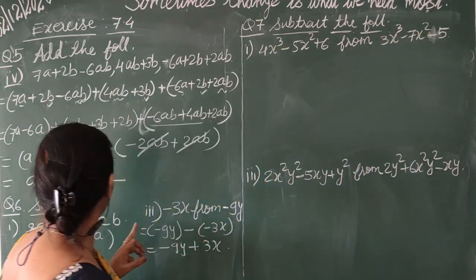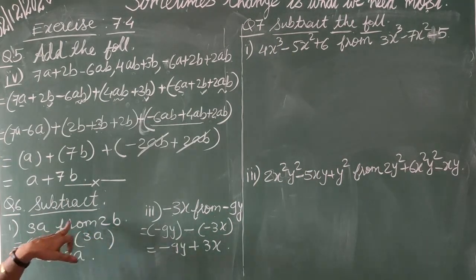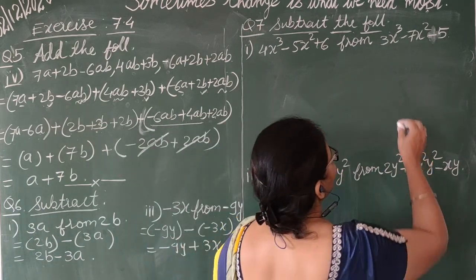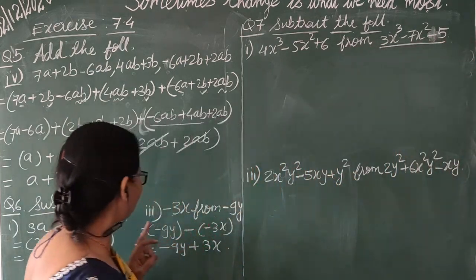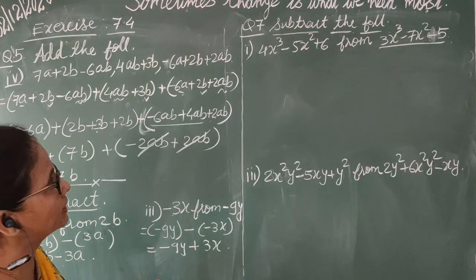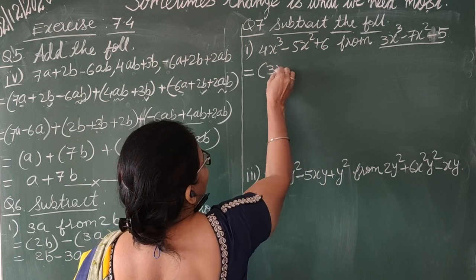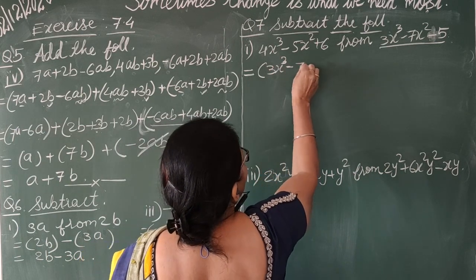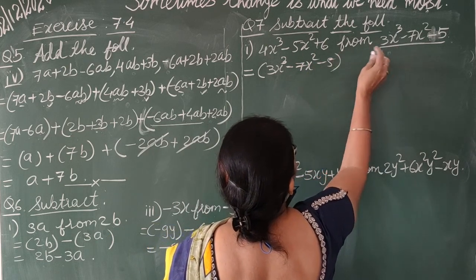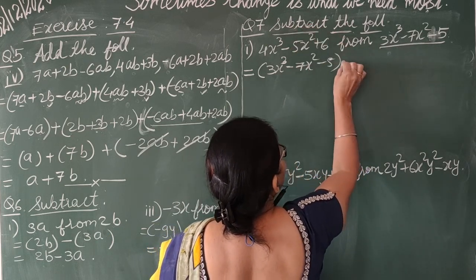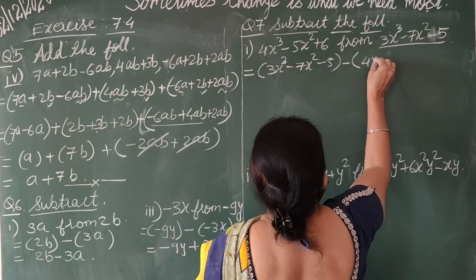So in the same way, as there was 'from' here, this expression you have written first. So here also which expression will come first? This expression, because the word 'from' is there. Remember children, the first step is very important. Now the second one you have to write first, and the first one you have to write after the subtraction sign.